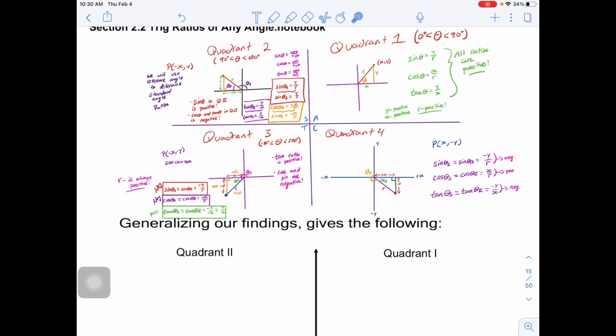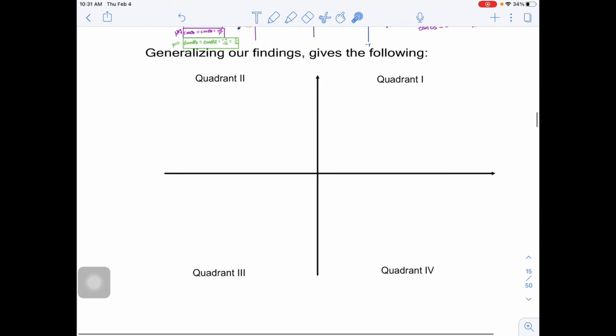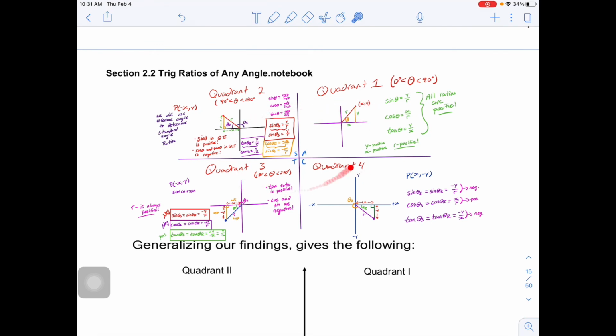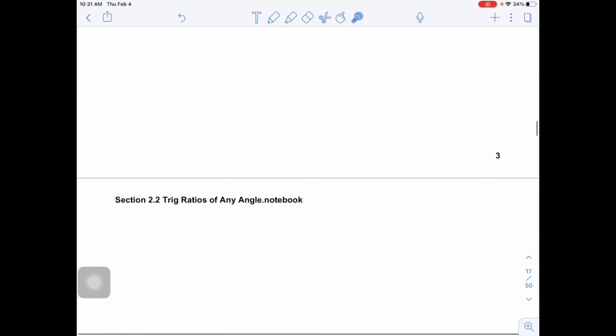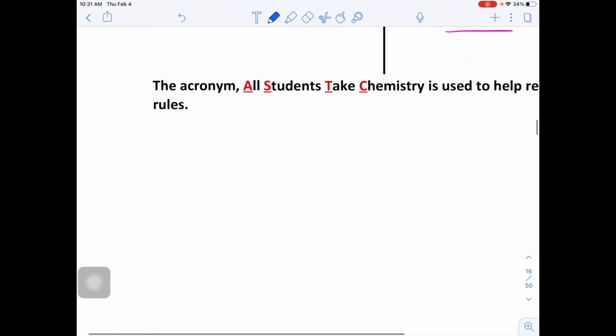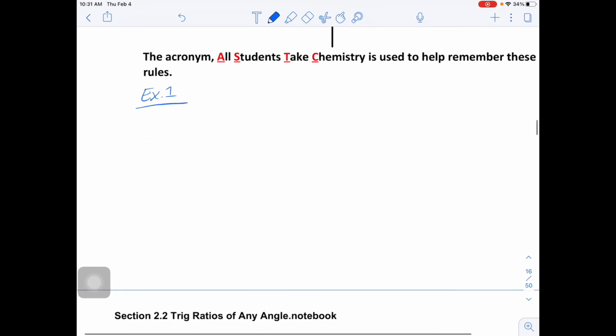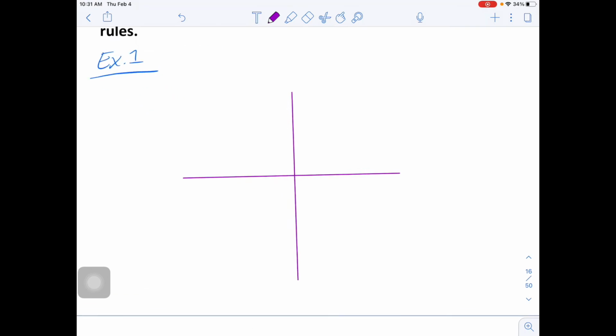So I'm going to show a really quick example of what I mean by using the reference angles to find these standard angles before I move forward. So I'm just going to make a quick example on my own here, just to kind of understand what we're talking about. So at this point, if we have a point, let's say found right here, and let's say this point is -3 and 4.